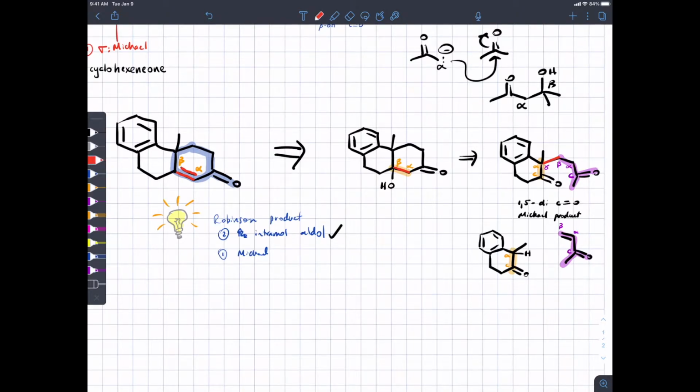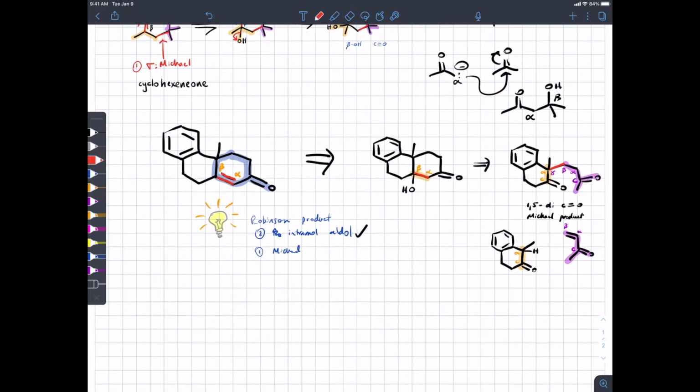And so going back to where we started with this problem, if you take the cyclohexenone and count your way around the ring, the place where the double bond is, that's where you did the intramolecular aldol. And then on the other side, the bond between beta and gamma carbons is the one you made via the Michael reaction. Okay?